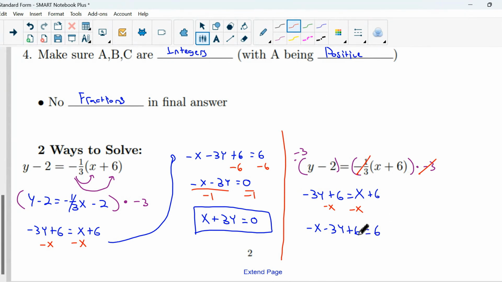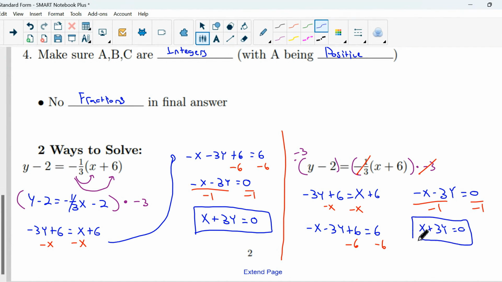Now we need to subtract our constant to the other side, leaving us with negative x minus 3y equals 0. And just like on the other side here, let's divide everything by negative 1 so that our a value is positive. So that leaves me with x plus 3y equals 0.